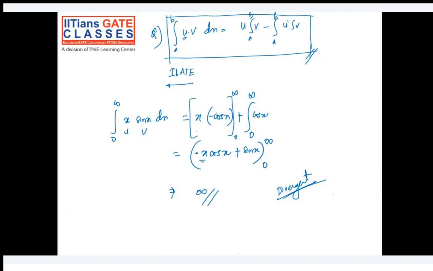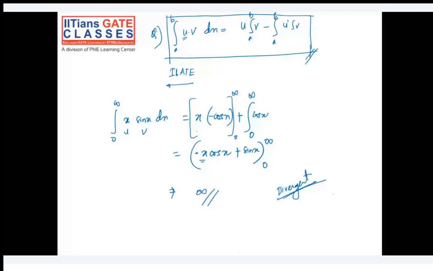Okay, so you should know what type of questions you will get. Like, whether this integral is... solve this integration and choose the correct answer, then they'll give options such as divergent, convergent, convergent to some value, like convergent to 0, convergent to 1 by 2, convergent to 3.